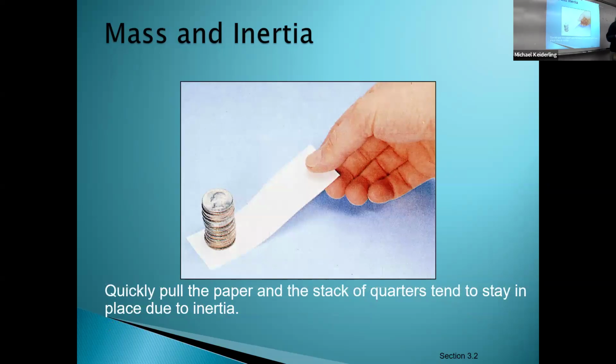And you may have seen this trick where you have some massive object. Let's see if I can do a quick example here, like this mass or a roll of quarters, or traditionally a fully set table on a tablecloth. And if you pull out the thing underneath the massive object fast enough, the inertia of the object keeps it in place.